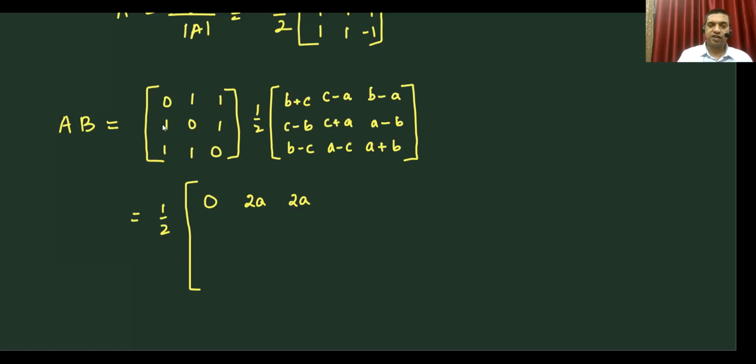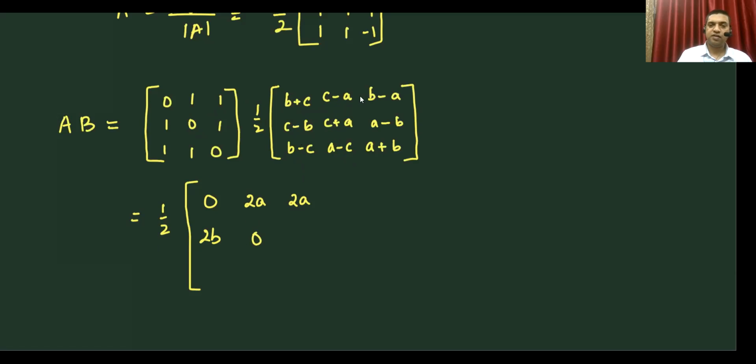Now let us look at the next one. 0, 1, 0, 1 multiplied by the first column. So B plus C plus B minus C, we will get 2B. Then this multiplied by the second column. C minus A plus 0 plus A minus C, you get 0.